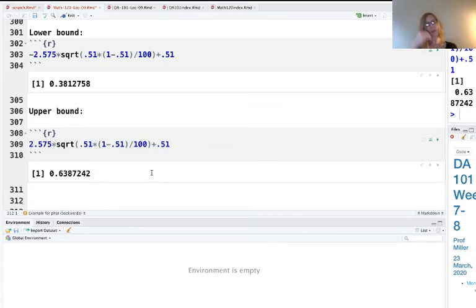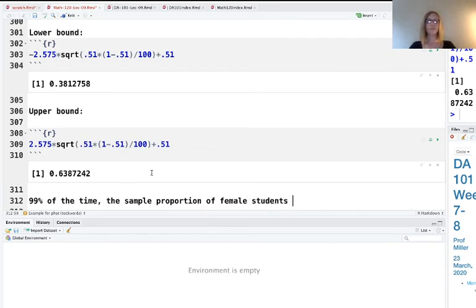So, in other words, 99% of the time, the sample proportion of female students would be between 38.12% and 63.87%.